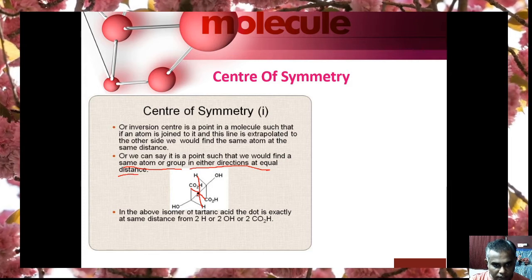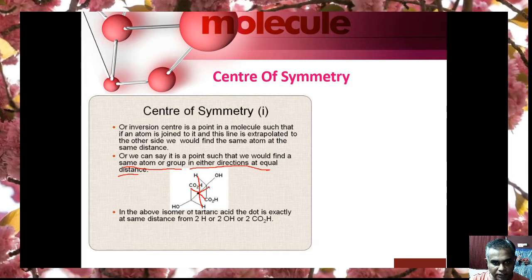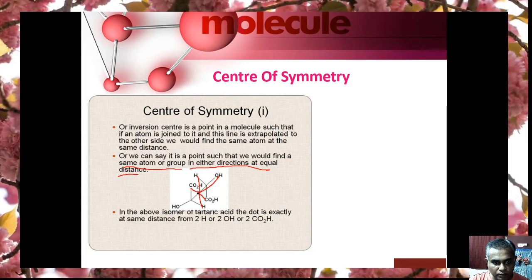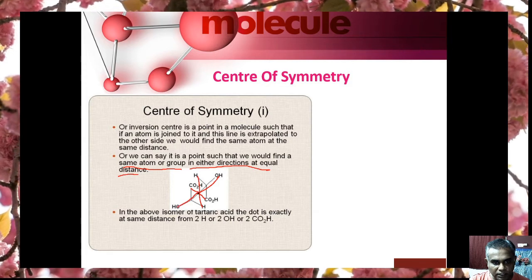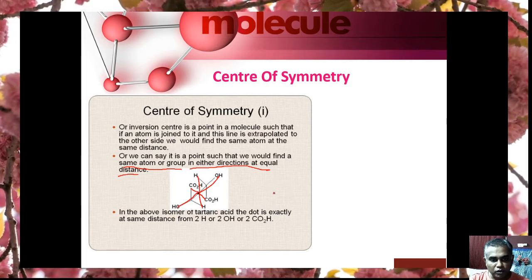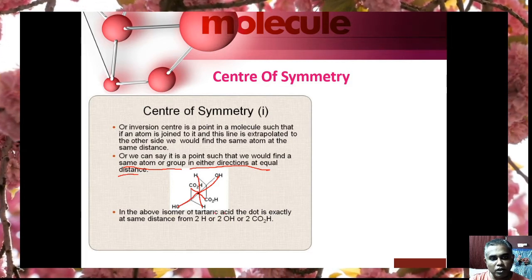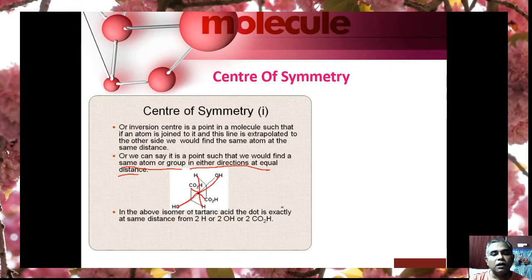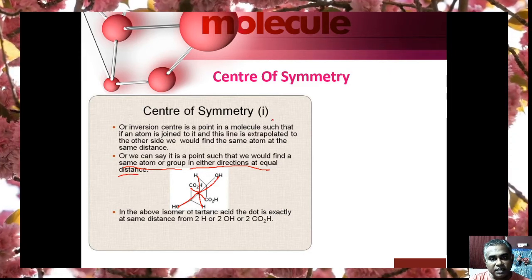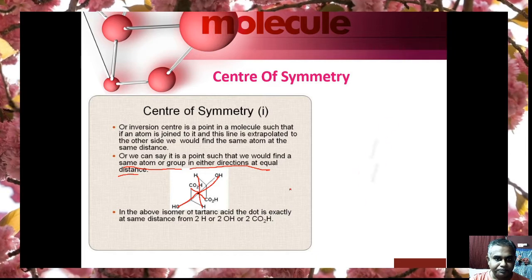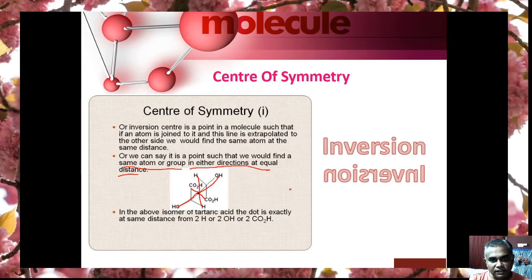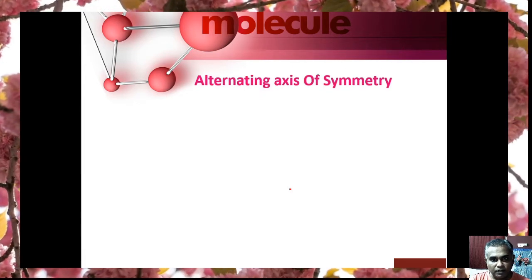Or two OH, if we draw a line to this OH and to this OH, then we end up with the same atom or group. Therefore, this particular molecule is said to possess the center of symmetry. It is denoted by i, and this is called inversion.